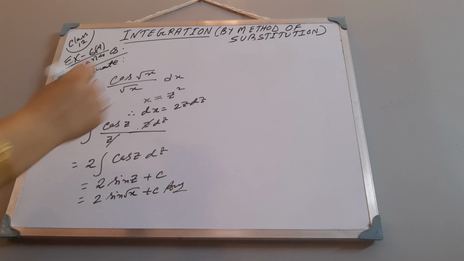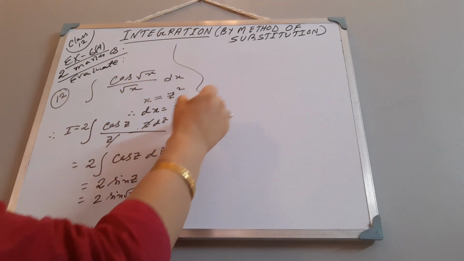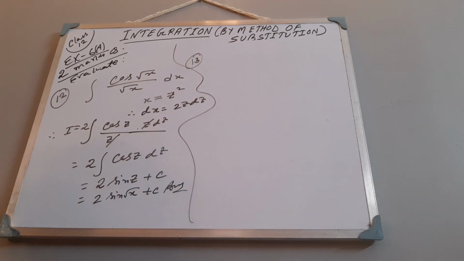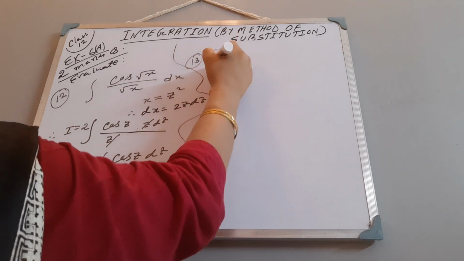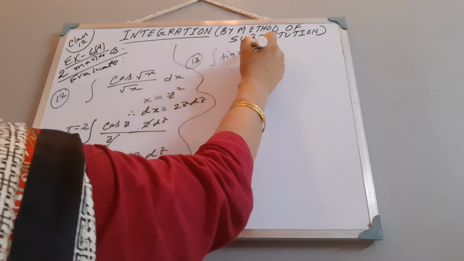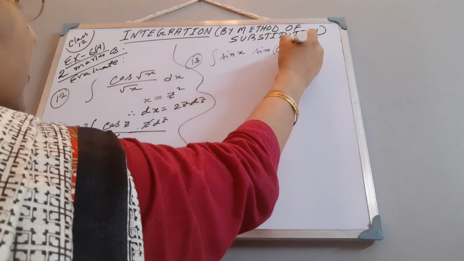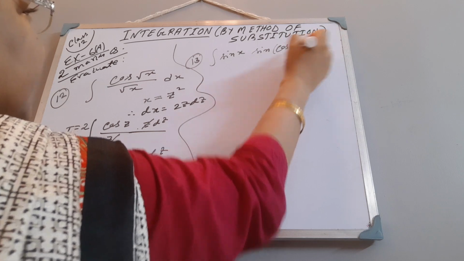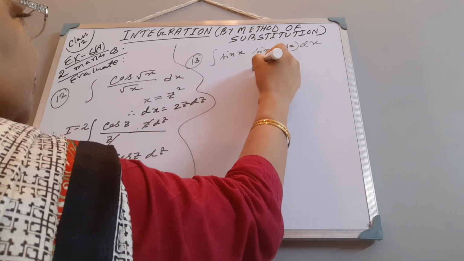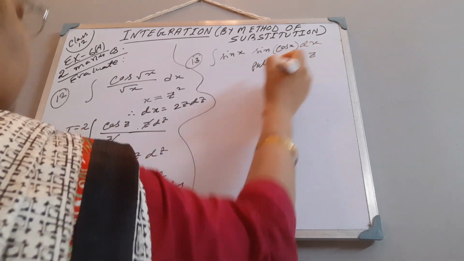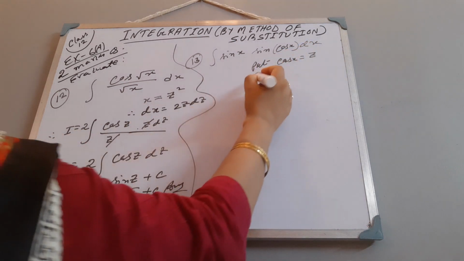Next, sum number 13: integral sin x, sin cos x dx. Put cos x equal to z.